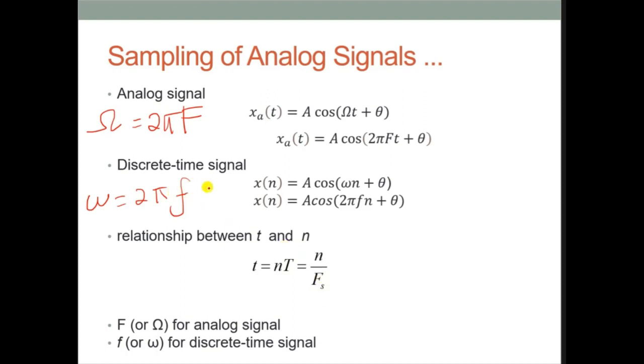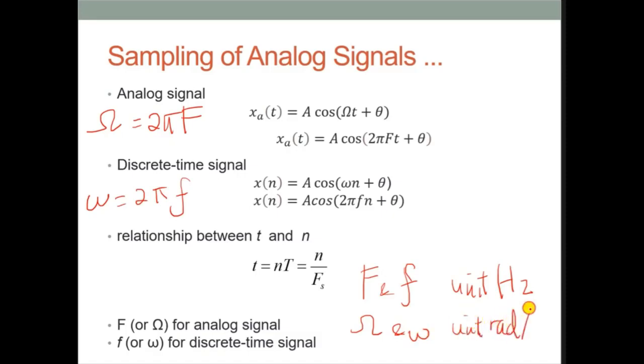As I have mentioned earlier, for F and f the unit is hertz, and for capital Ω and small ω, the unit is radian per second.